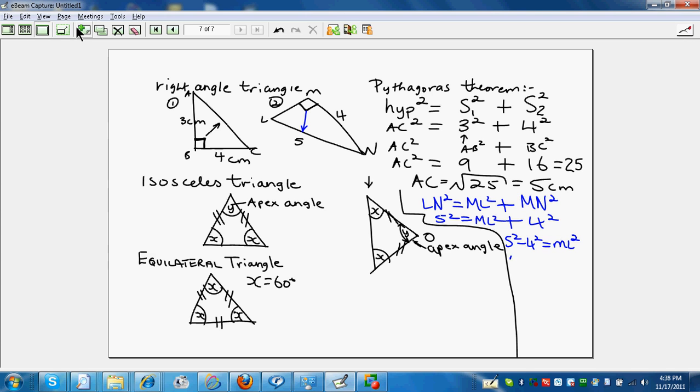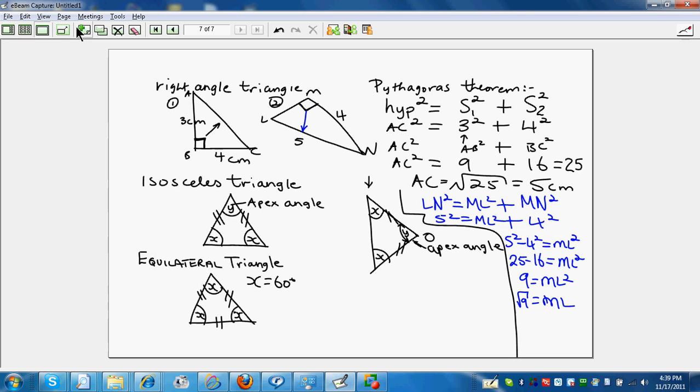So 5 squared is 25 minus 4 squared is 16 will be equal to ML squared. 25 minus 16 is 9. So 9 is equal to ML squared. And therefore, if I want to find what ML is, I'll have to find the square root of 9. What we did was take square root on both sides of the equation.